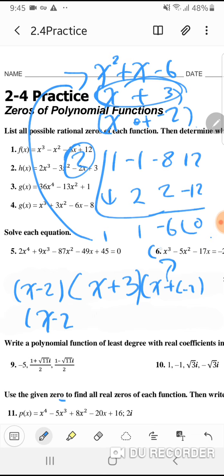Now this would be x minus 2. So x minus 2 squared times x plus 3.